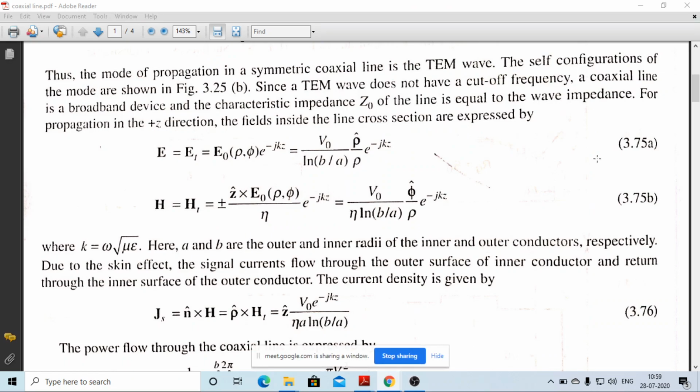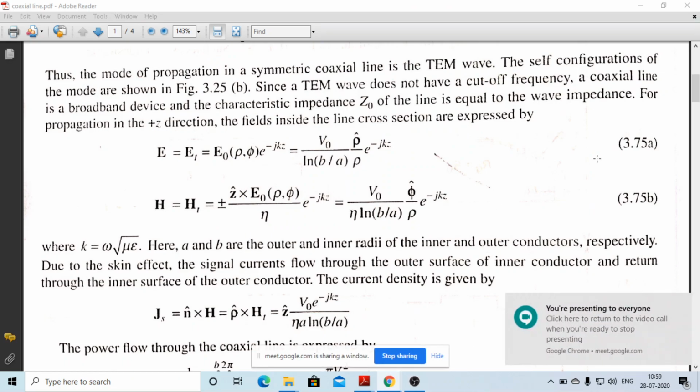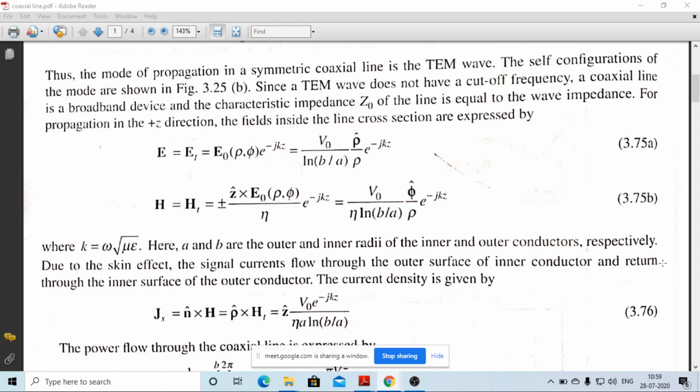You can see here in equations 3.75a and 3.75b, it shows the propagation of your E and H waves in the positive z direction, but there is no need to remember this equation and formula for your syllabus.